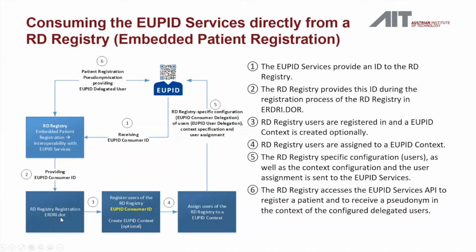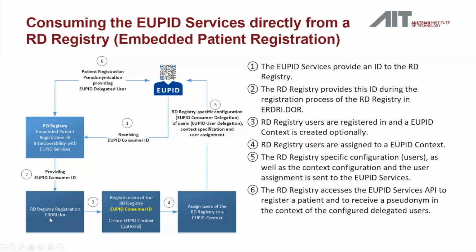This brings together your rare disease registry with the EUPID services, and we can see this loop over here. Can you see my mouse cursor? Yes, thanks very much. This is important, therefore we have this loop, and a rare disease registry specific configuration will then be sent to the EUPID services.